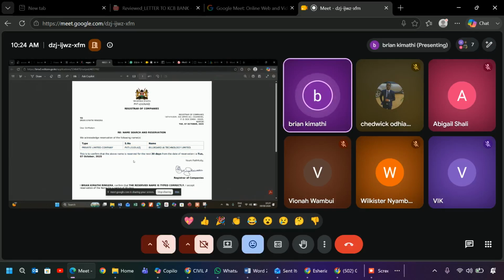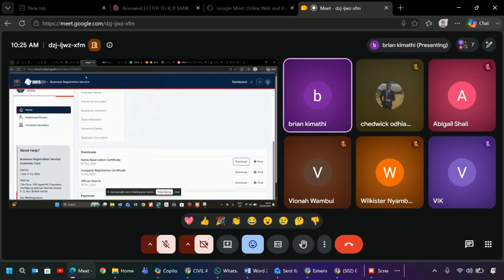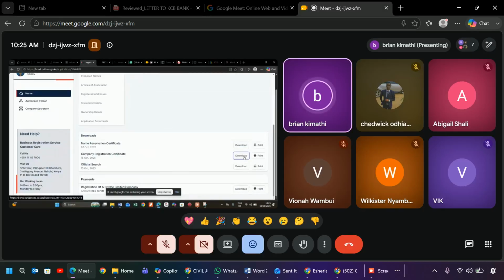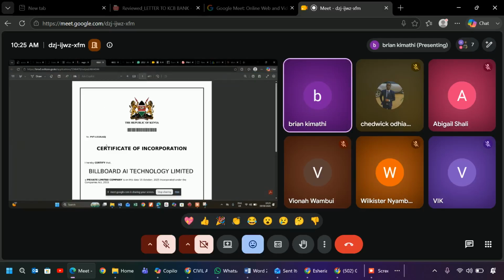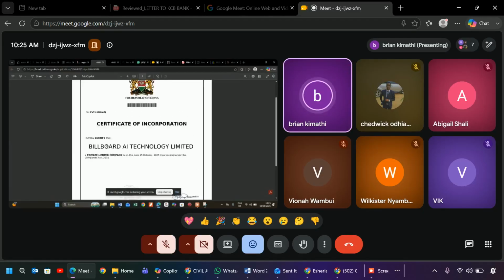Note who the agents are who can apply for this. You can be a director, an advocate of the High Court of Kenya, a company secretary, or a certified public secretary registered with the Institute of Certified Public Secretaries. Okay, we shall see how they operate.